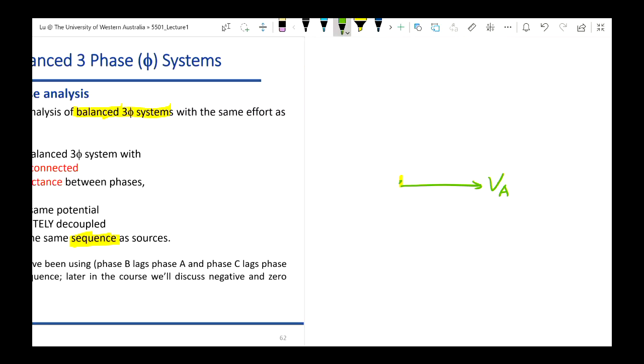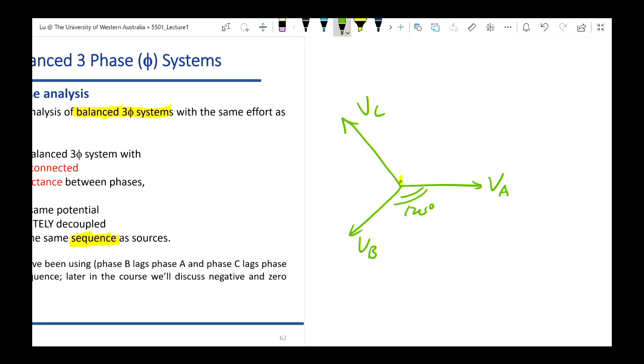If the phase B voltage is lagging the phase A voltage by 120 degrees, of course, we are talking about a balanced system here, so magnitudes between these two voltages are supposed to be the same. The angle is 120 degrees. And the phase C voltage is another 120 degrees, but this time lagging VB.